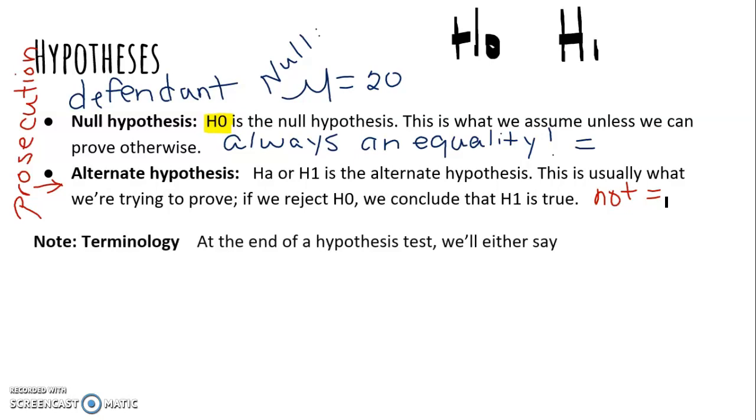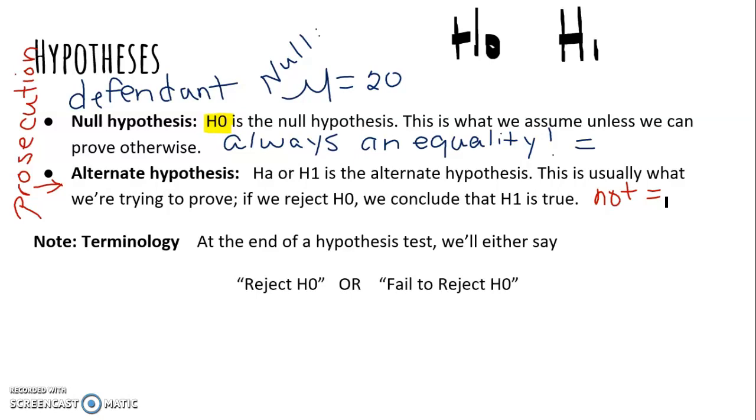So we're going to make these beginning statements. Think of the opening statements of the defense and the prosecution. And then we're going to collect some evidence and analyze it, and then we're going to come back and make a decision. We're going to make a conclusion, such as what the jury has to do.